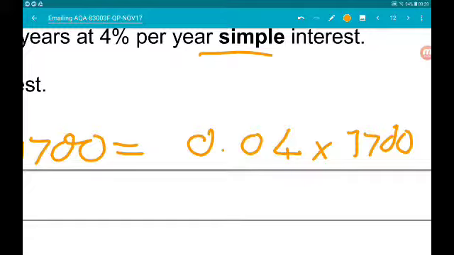So you would want to put in 4, and then you need to press shift, and then the left bracket, well, that brings up the percentage, and then times 1,700.